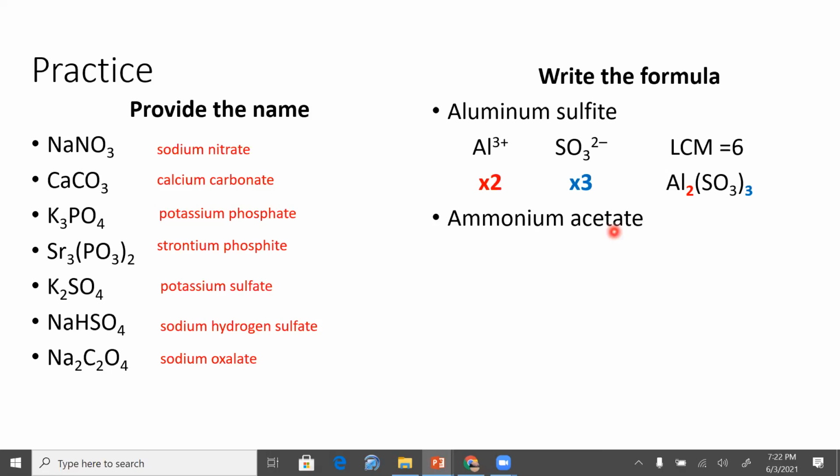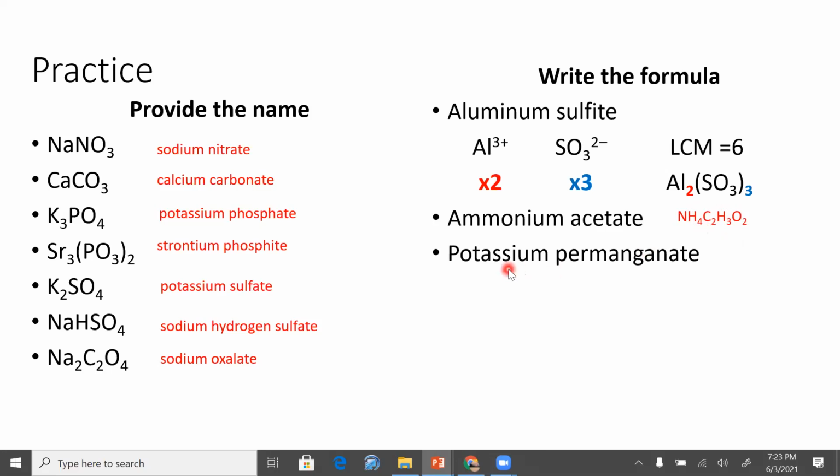Acetate is C2H3O2, and it's got a -1 charge. So see if you can figure out what the formula for ammonium acetate would be. So all we're doing is here's our ammonium, NH4. Here's our acetate, C2H3O2. We're just crisscrossing the ones. We don't necessarily even need to write them there.